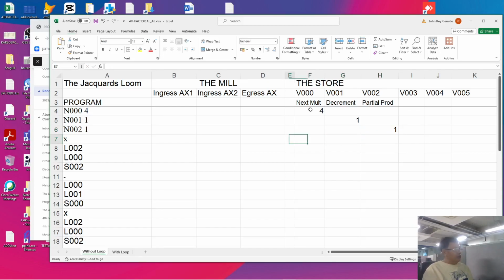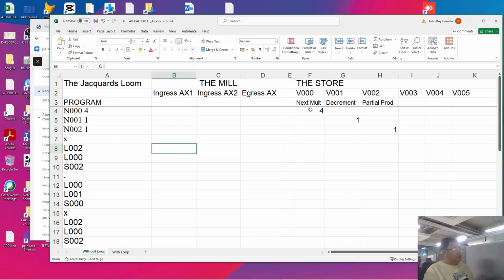Now the next operation is an x, which stands for times, multiplication. Usually, commands start with an operation card. In this case, the first parameter is the first load. So we have a times followed by an L002. Being the first load, it will load into ingress axis 1.